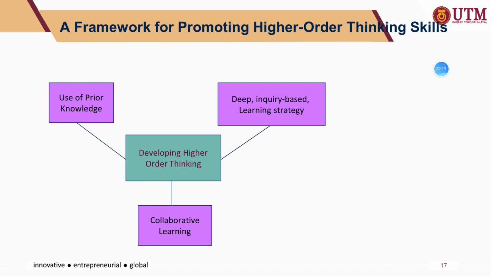Use of prior knowledge, deep inquiry-based learning strategy, also encourage developing higher-order thinking. For higher-order thinking, we must have these three basic skills: collaborative learning, using prior knowledge, and deep inquiry-based learning strategy. That's also very important.